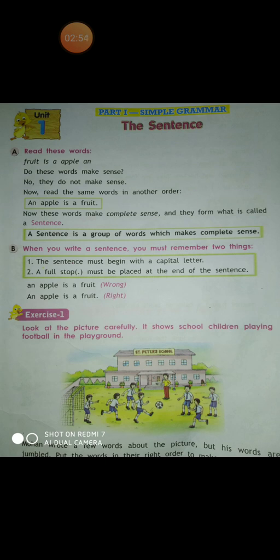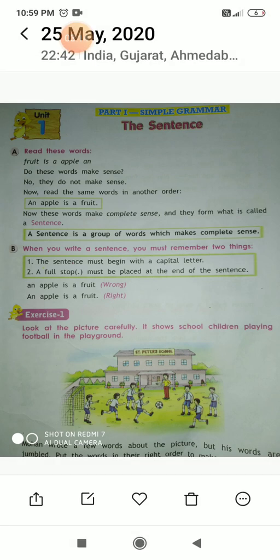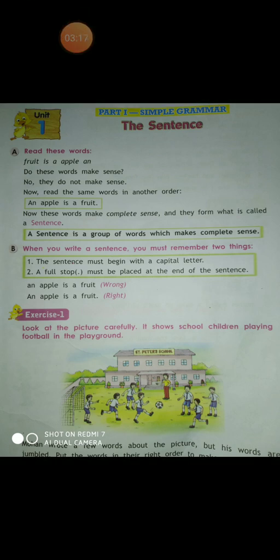But if I tell the same thing in a slightly different way, as in, two apples are lying on the table, then you can understand what I am trying to say, and it will also make complete sense. Then you will understand that there are two apples and they are lying on the table. Where are they lying? On the table. And that will make perfect sense. So this is a proper sentence.